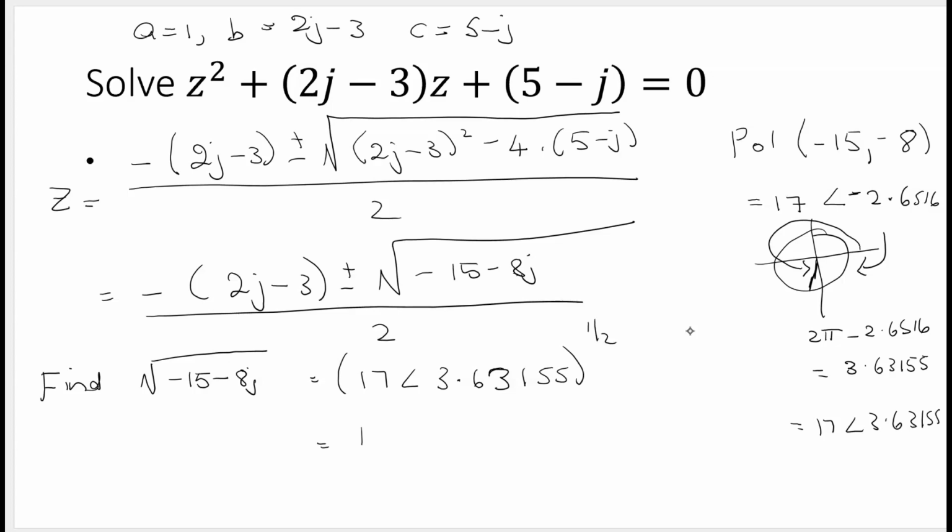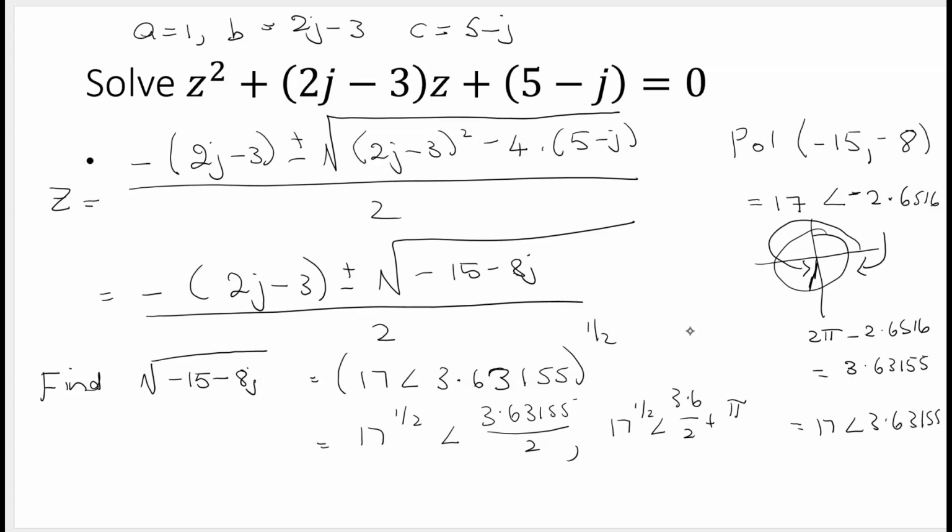Okay, so it's going to be 17 to the power of a half angle 3.63155 over 2, and then another one, 17 to the half angle 3.6 over 2 plus pi, because there's 2 of them.